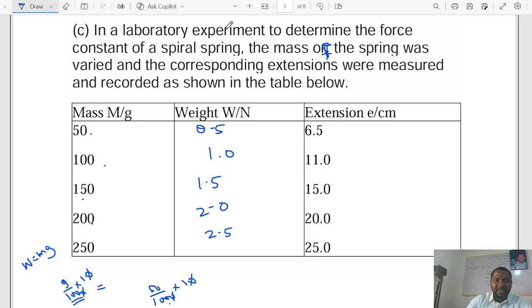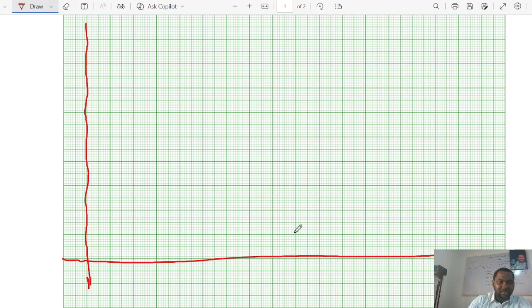And the next is, let's see, this is 0.5, 1, 1.5, 2. We can use 2 centimeters to represent 0.5 units. That means at every point you add 0.5. That means here will be 1.0, then here will be 1.5, here is 2.0, and here is 2.5, right?